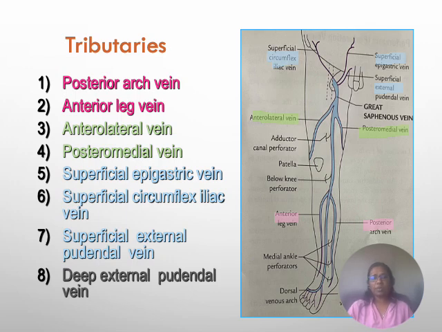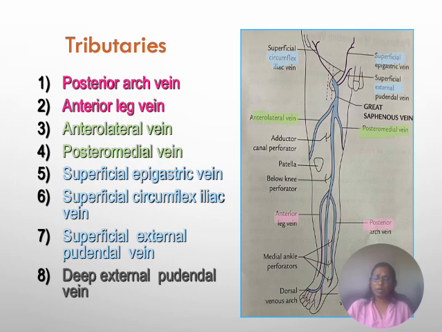Next, the anterolateral vein and the posteromedial vein are the tributaries which are present along the thigh region. The anterolateral vein starts from the anterior aspect of the lower part of the thigh, ascends and ends up in the great saphenous vein. The posteromedial vein is meant for draining the posteromedial aspects of the thigh region.